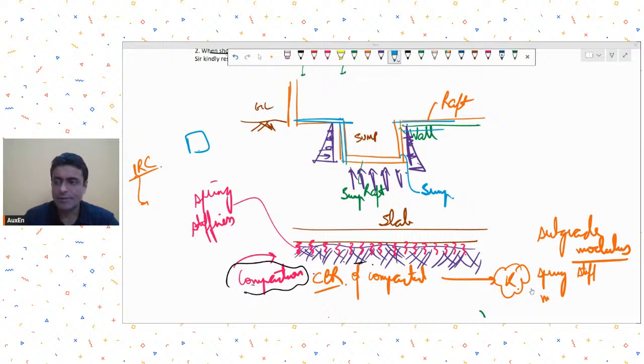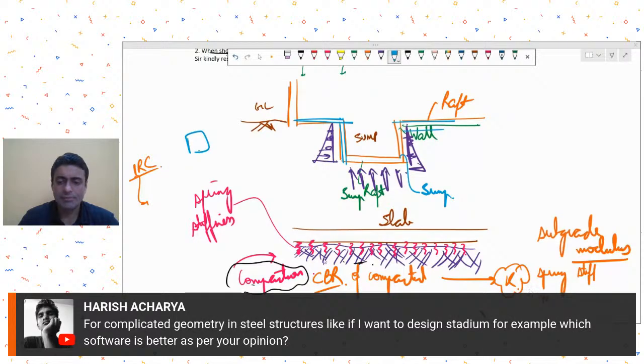So let's say if you are able to do some work on your own, especially for design outputs and some analysis inputs, maybe you can use SAP 2000. Okay.